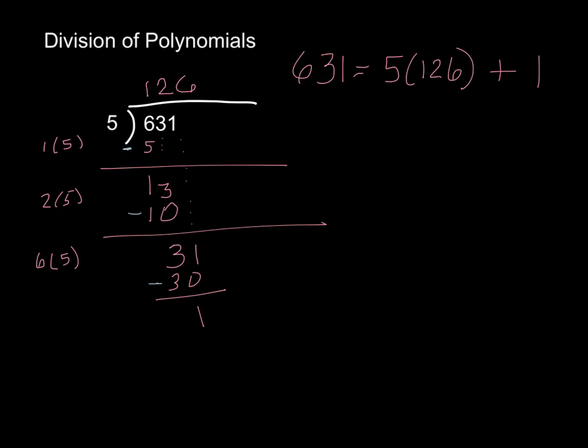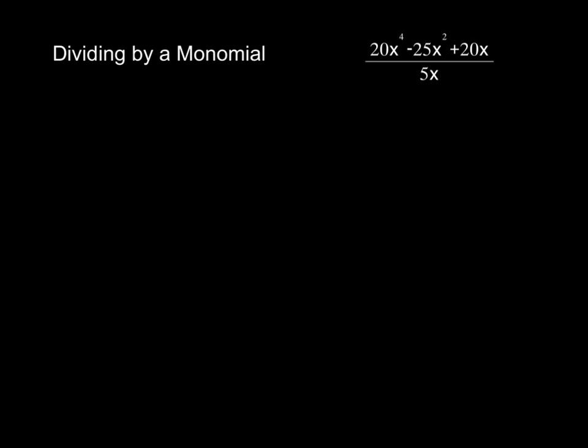We're going to do the same thing with polynomials on the next slide. We're going to divide 20x to the fourth minus 25x squared plus 20x by a monomial 5x. This one we don't actually have to use long division.